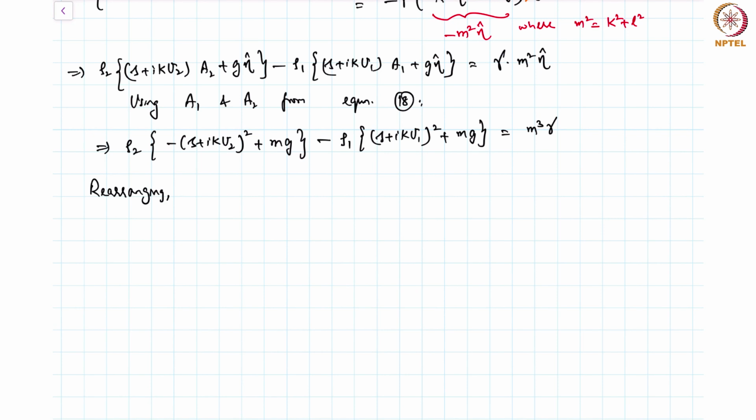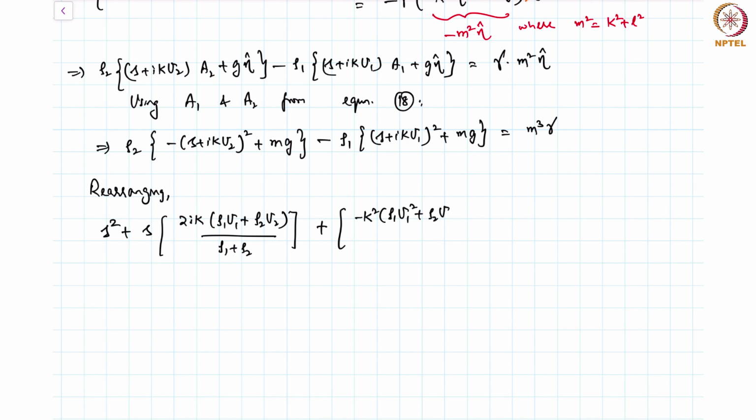Rearranging, what we get is S square plus S times 2ik (rho 1 u1 plus rho 2 u2) divided by (rho 1 plus rho 2), plus minus k square (rho 1 u1 square plus rho 2 u2 square) divided by (rho 1 plus rho 2), minus mg times (rho 2 minus rho 1) by (rho 1 plus rho 2), plus m cube gamma by (rho 1 plus rho 2) is equal to 0.